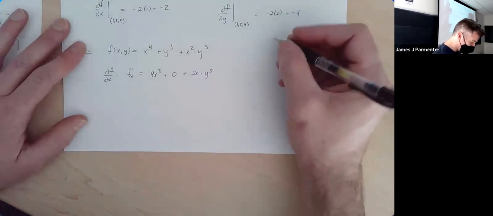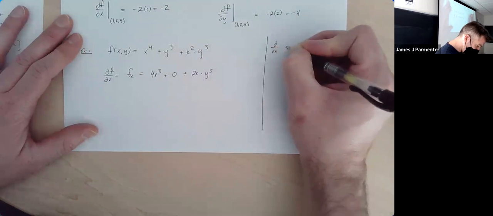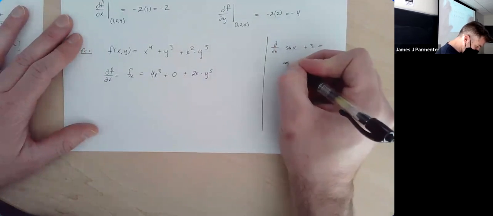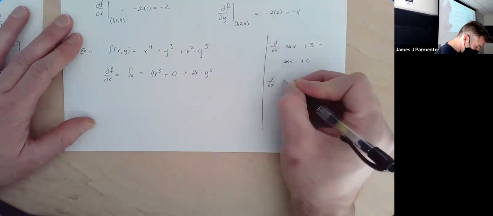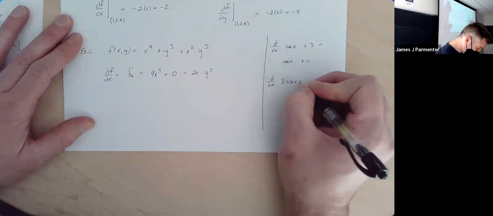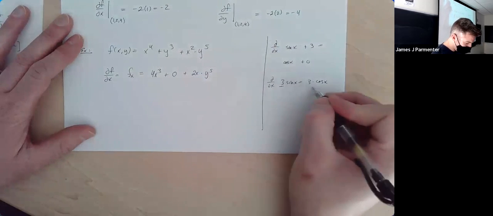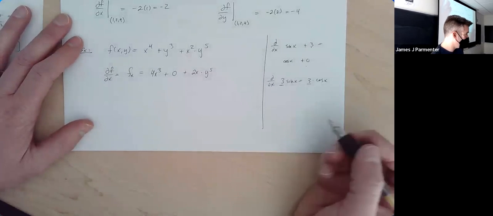It's very similar to how, for example, if you take the derivative of sine of x plus 3, the derivative of sine of x is cosine x, and the derivative of 3 is 0. But if you take the derivative of 3 times sine of x, you get 3 times cosine of x, because constant multiples hang out, whereas constants on their own have a derivative that's 0.